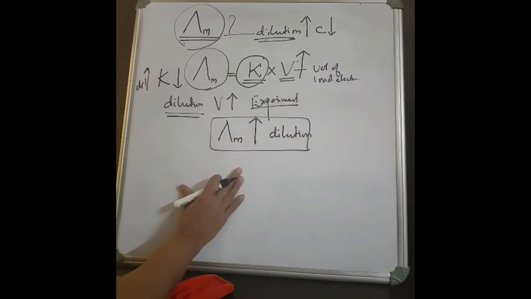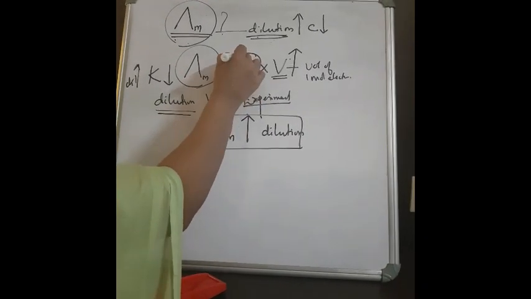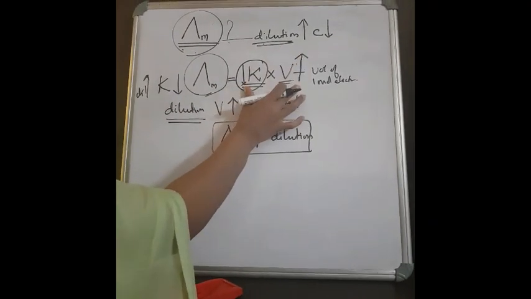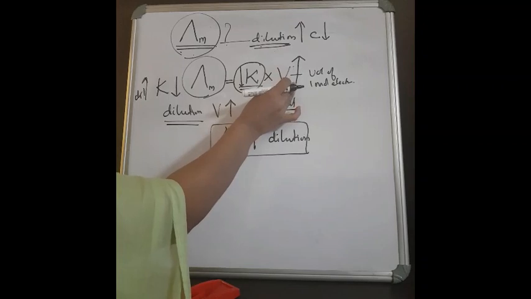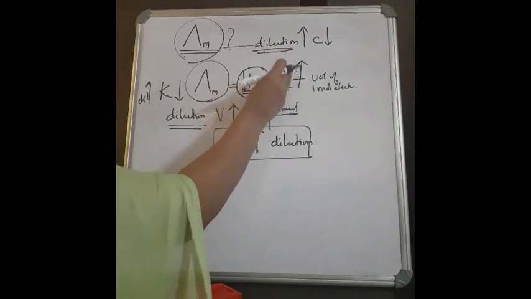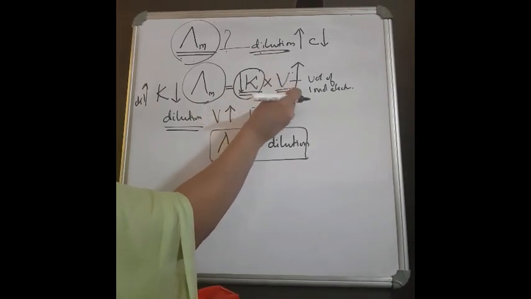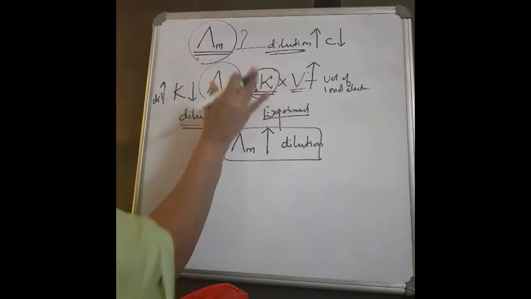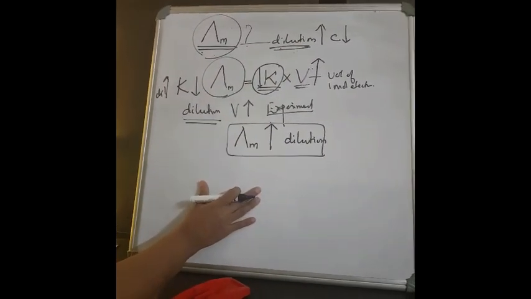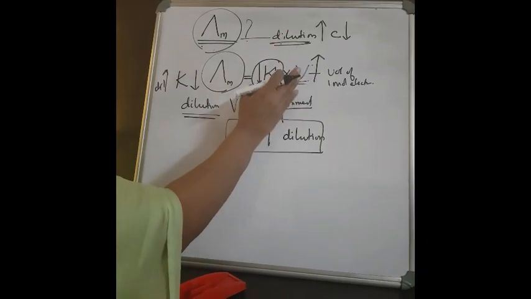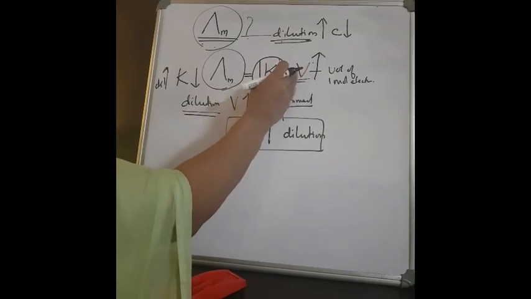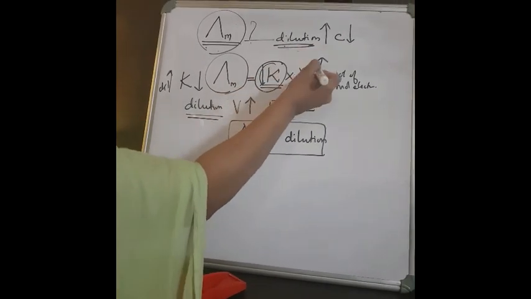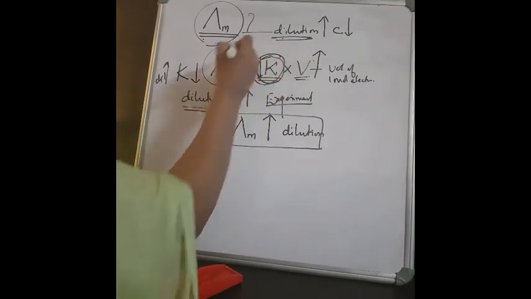How? You know definitely the kappa is decreasing and the volume is increasing. What happens here is the increase of the volume is more effective than the decrease in the conductivity. You got it? The increase of the volume is more compensating than the decrease in the kappa.